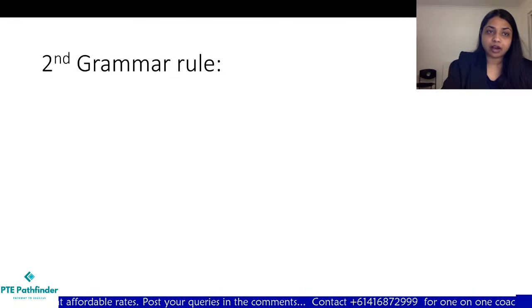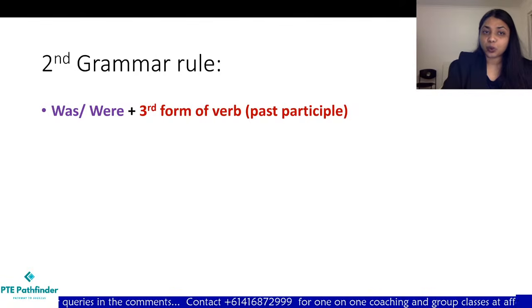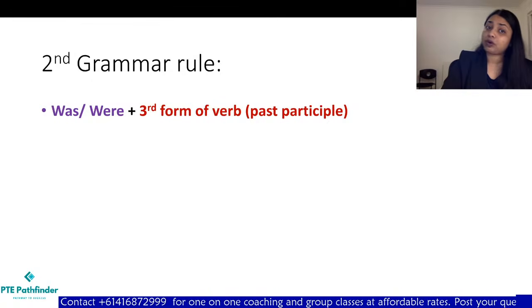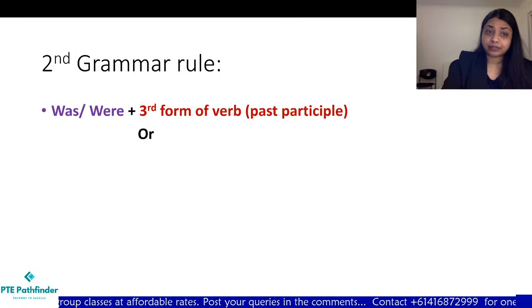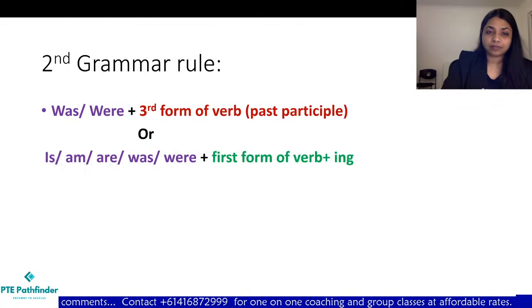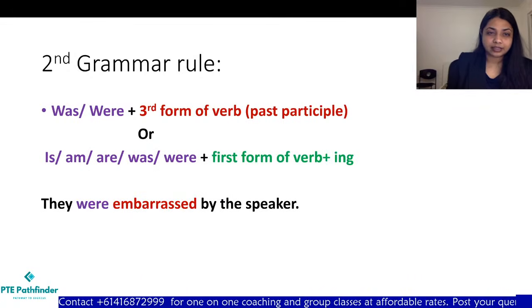Now, the second grammar rule. The second grammar rule is related to was and were. Again, these verbs are also followed by the third form of the verb, that is, the past participle. Some examples for this one would be: I was drawing, then she was embarrassed.